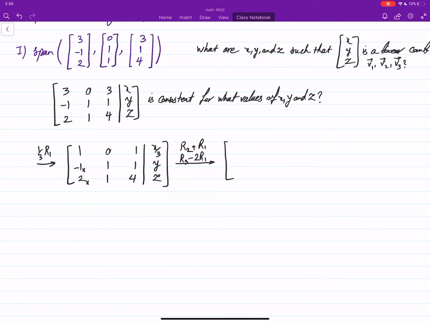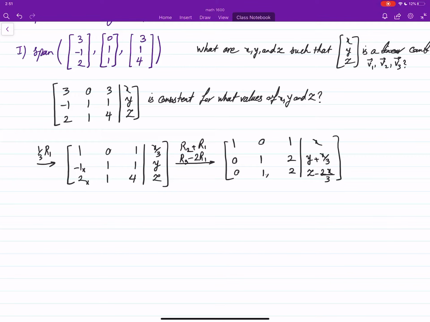So this will be 0, 1, 2, and here y plus x over 3. This other one will give us 0, 1 stays the same, 4 minus 2 is 2, and z minus 2/3 of x. And the first row is the same as before.